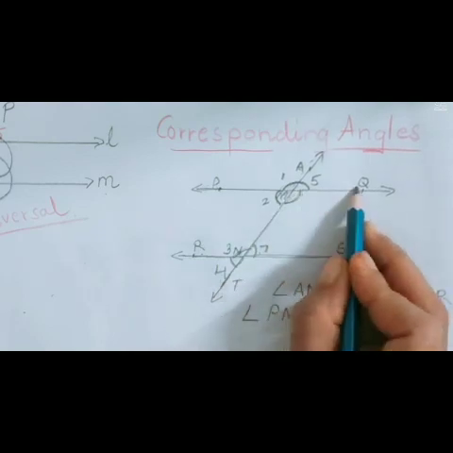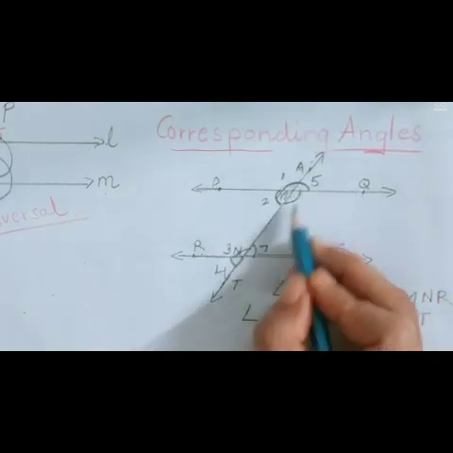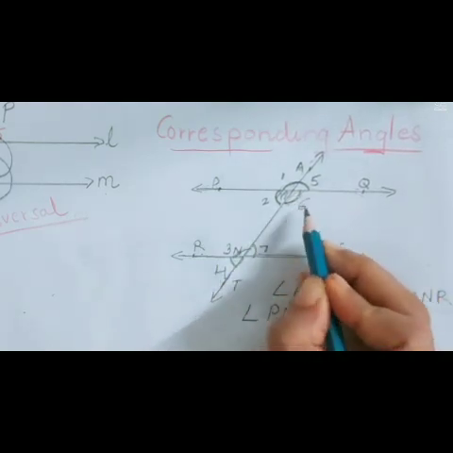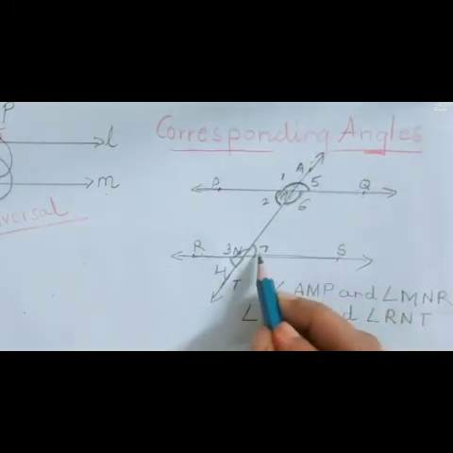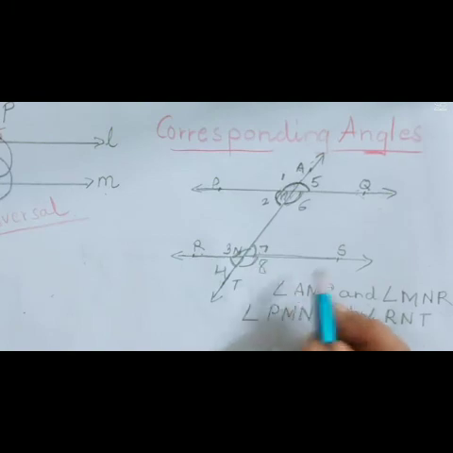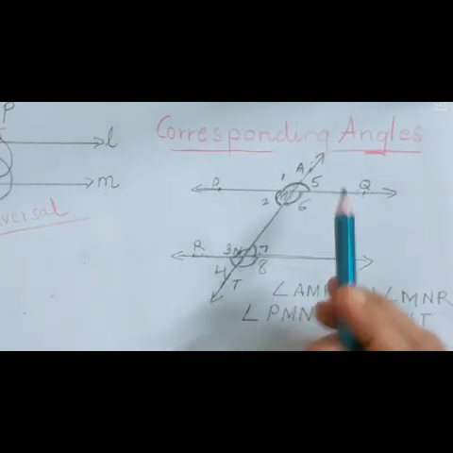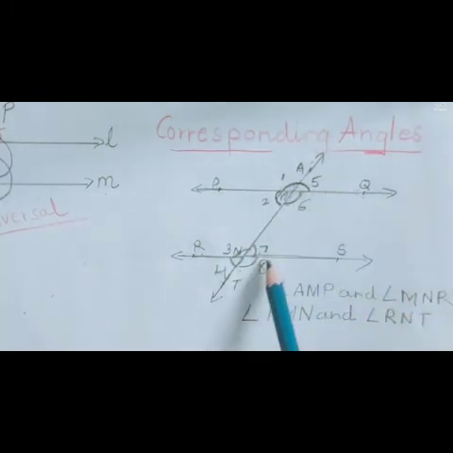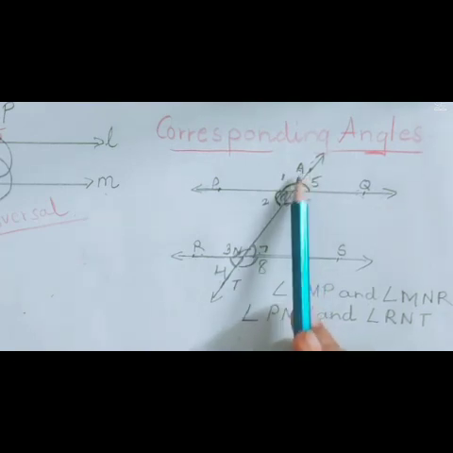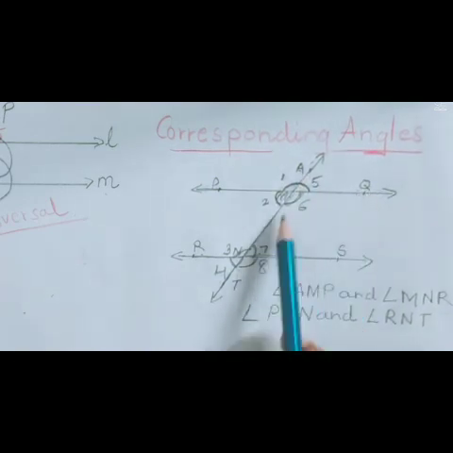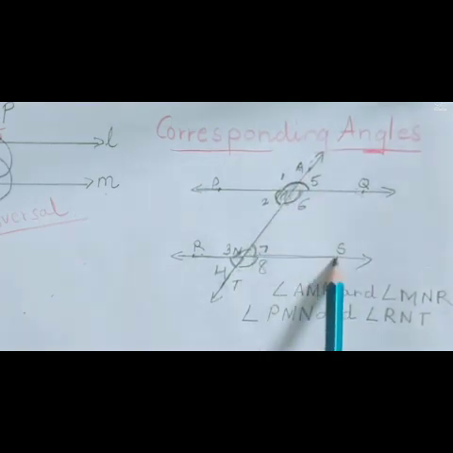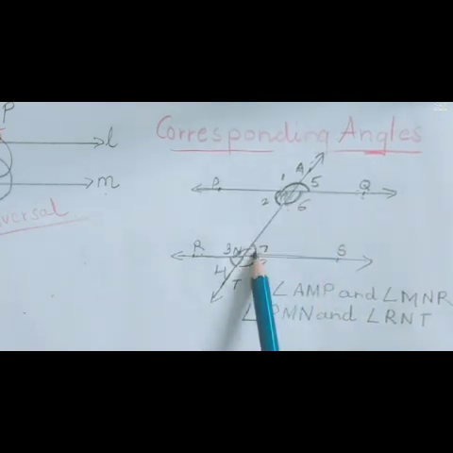Sixth का जोड़ी होगा 8 से. This is your sixth angle. QMN is your sixth angle. Okay. Then S and T. S and T angle is formed 8. तो sixth का जोड़ी 8 के साथ. Sixth will be paired with 8. 5 will be paired with 7. QMN and S and T.